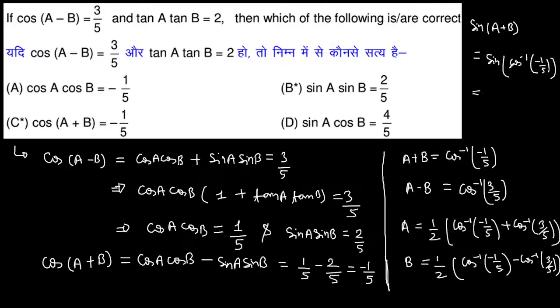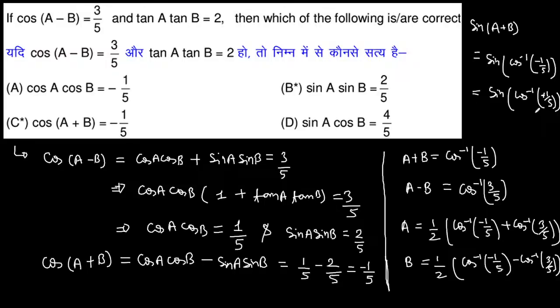It will become pi minus cos inverse of 1 by 5, so sin(pi minus x) is sin x.